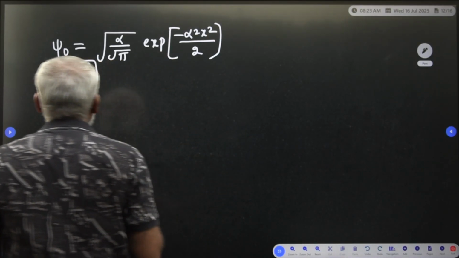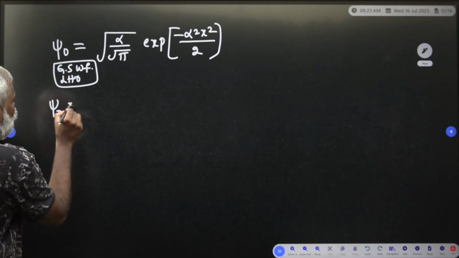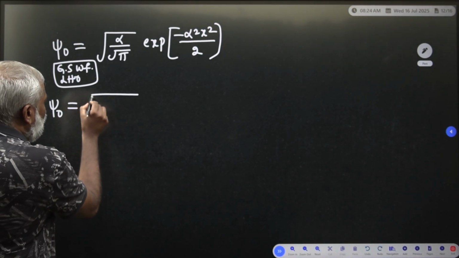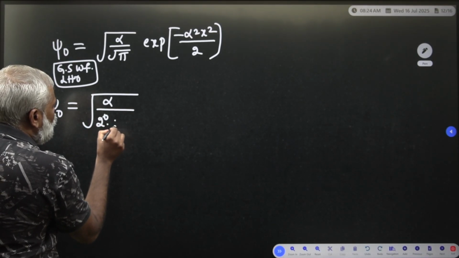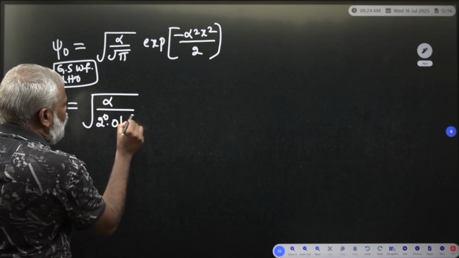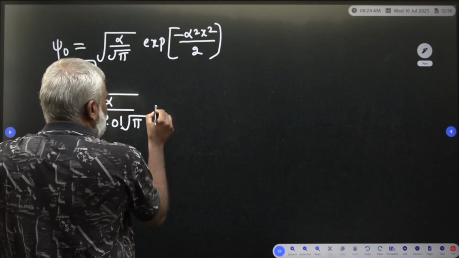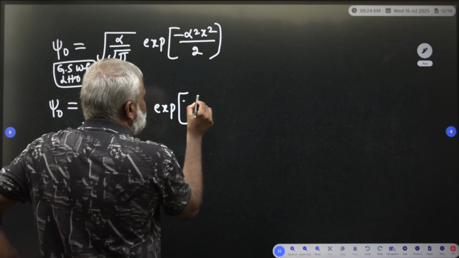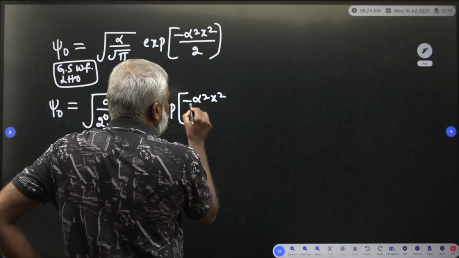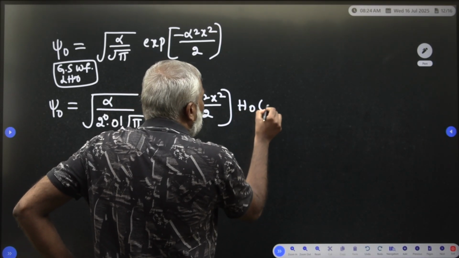I am rearranging this: psi 0 is equal to square root of alpha divided by 2 to the power of 0 into 0 factorial into root pi, exponential of minus alpha square x square divided by 2 into H0 of alpha x.